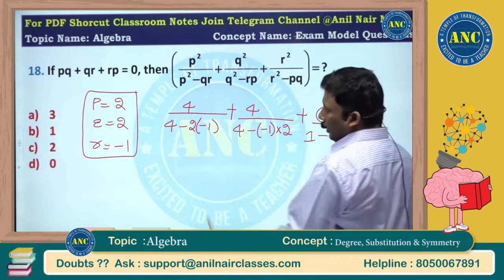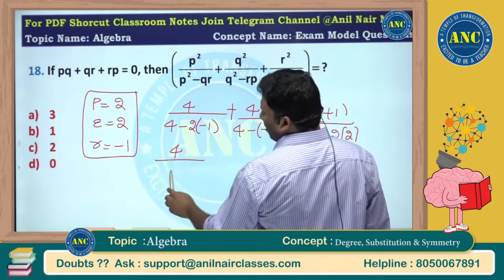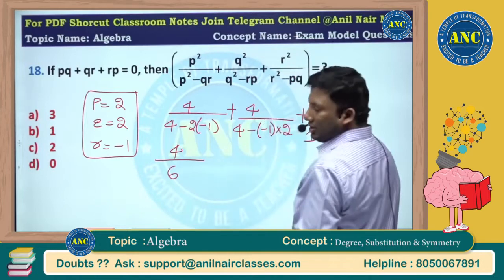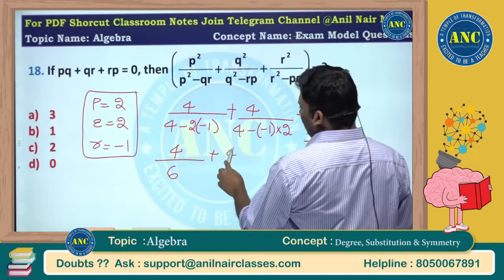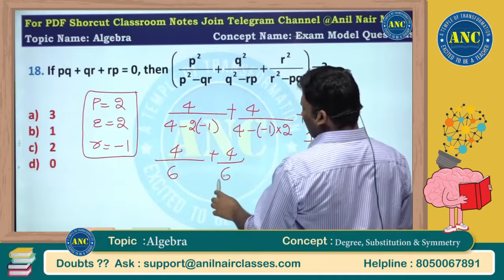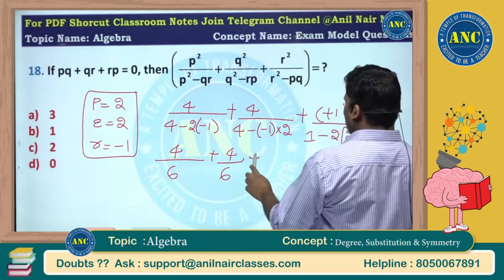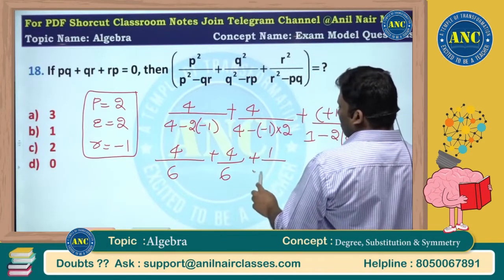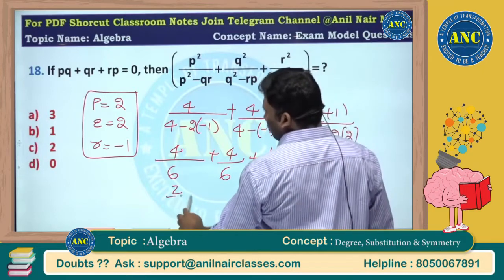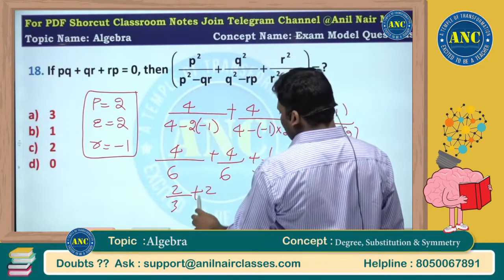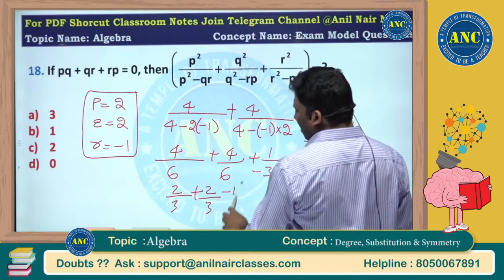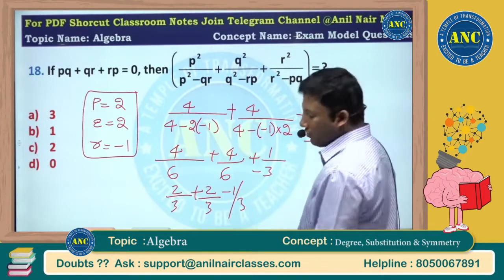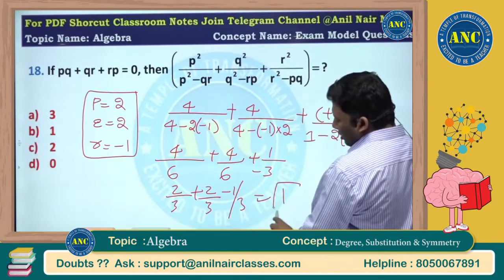So this will be 4 by 6, again 4 by 6, and here 1 by minus 3. That means 2 by 3 plus 2 by 3 minus 1 by 3. 4 minus 1 is 3, 3 by 3, answer is 1.